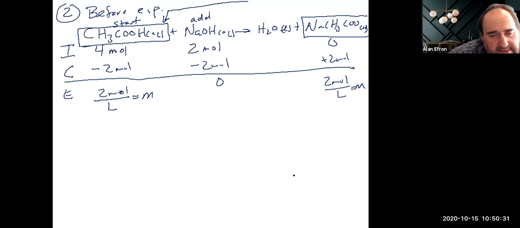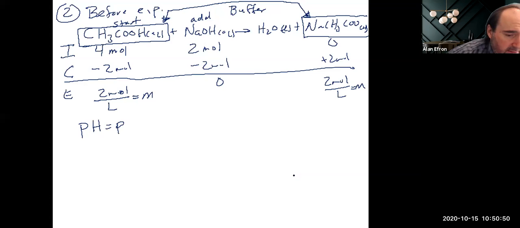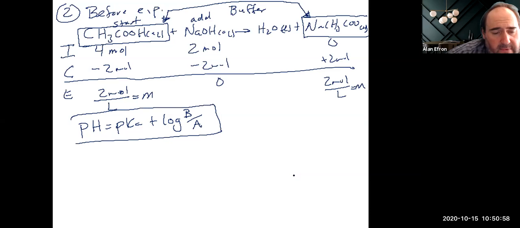This is 2 things that are related to each other, and this is also known as a buffer. So we actually have a buffer that is left over at this point, which means if we want to calculate the pH, this is where we could use our Henderson-Hasselbalch equation because it is a buffer situation. And you could get your pH.